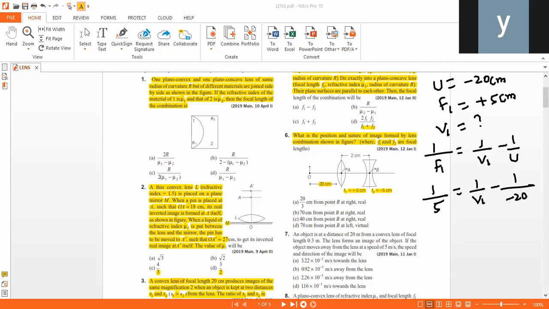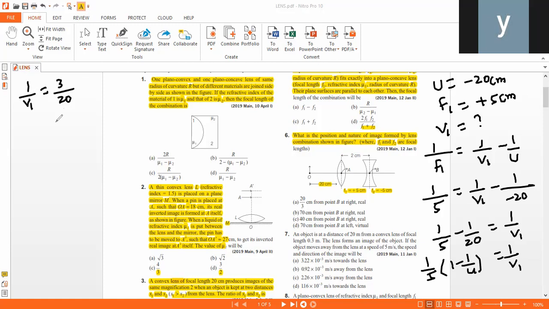So 1 by 5 minus 1 by 20 is equal to 1 by v1, that is 3 by 20. So v1 equals 20 by 3 centimeter, approximately 6.67 centimeters.